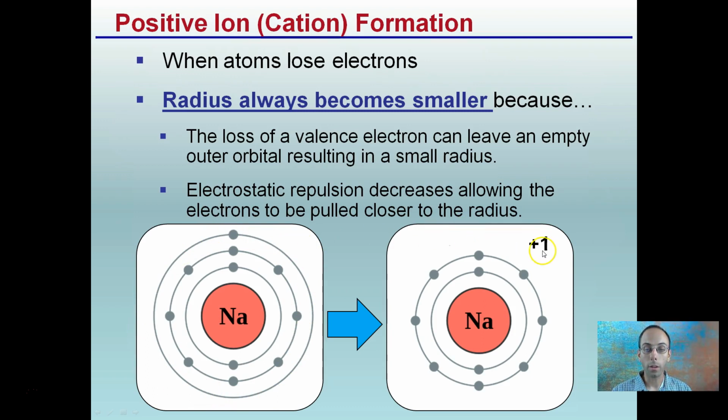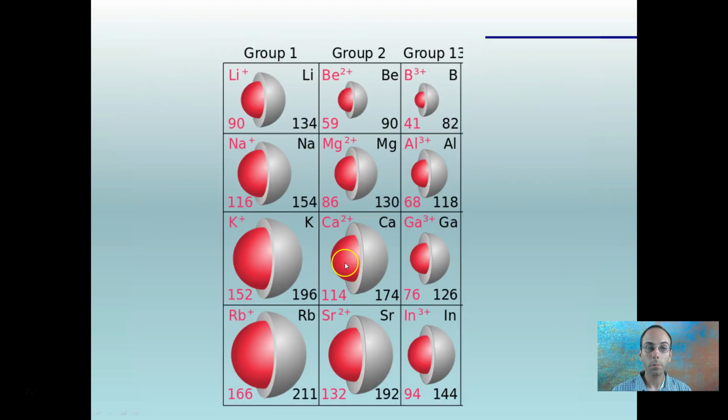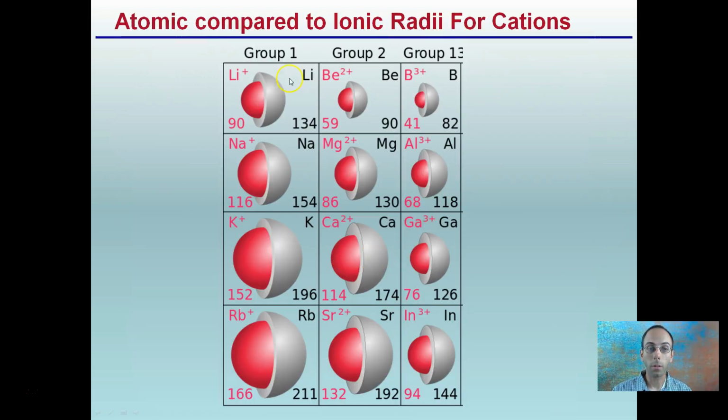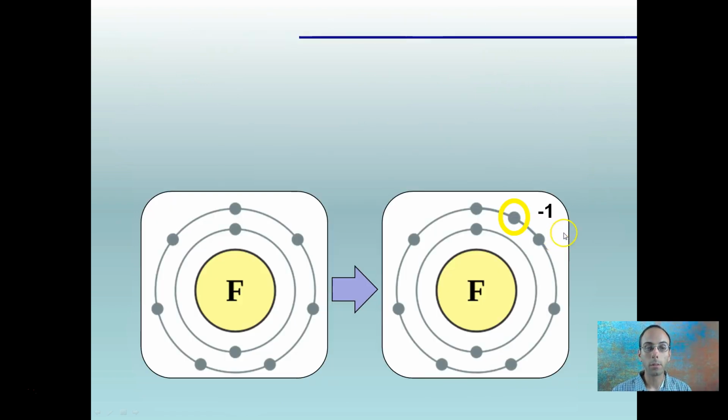We remove that electron, creating a +1 charge, and we see just visually right here, there's a change and a reduction in the radius of that particular atom. We see that here, giving you group 1, group 2, and group 13, how the ion in red is smaller than the neutral atom represented in gray. And we see how those trends occur here in the periodic table.